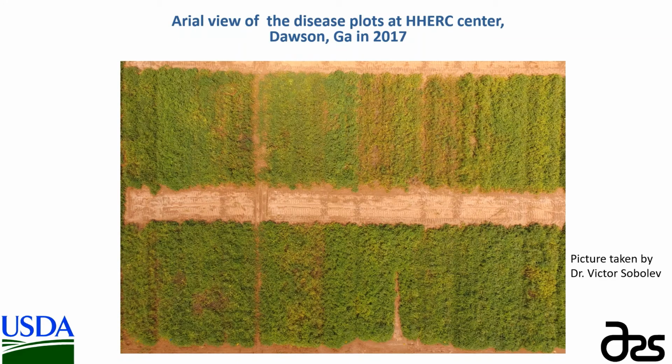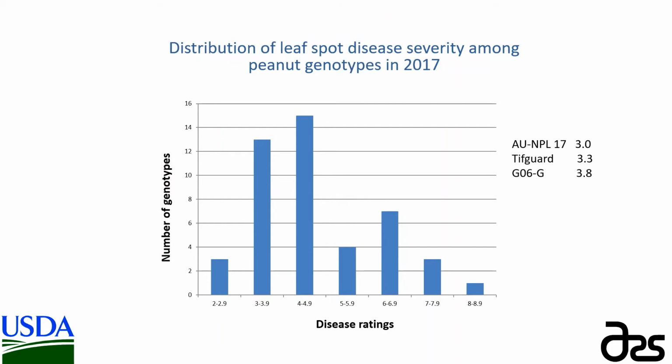This is an aerial view of the disease plots at the Herc Center in Dawson, Georgia in 2017. These are about 20-foot twin rows comparing some more susceptible lines versus some of the tolerant lines. This graph shows the distribution of leaf spot disease severity among the peanut genotypes in 2017.